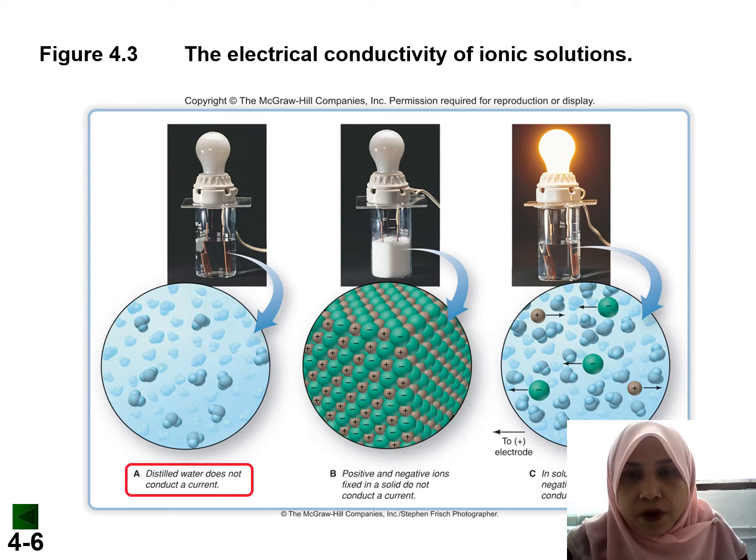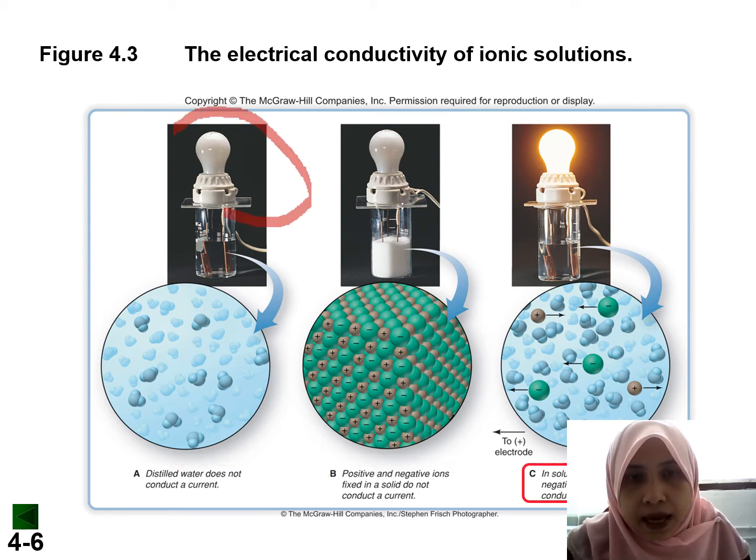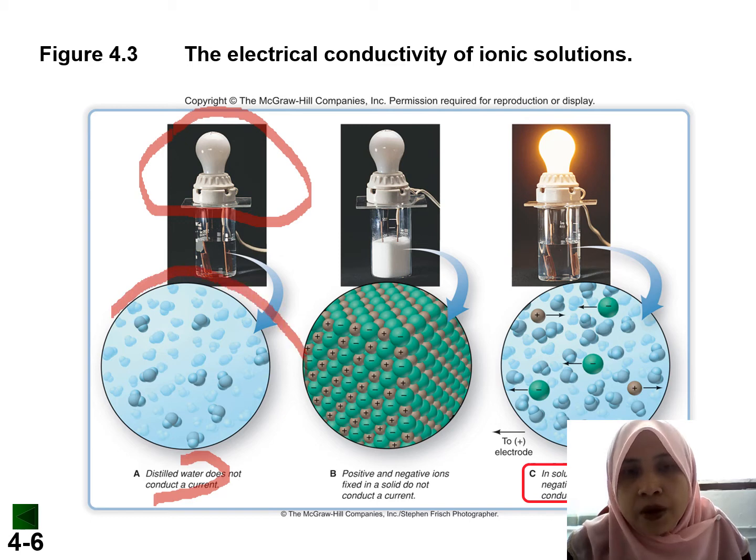As we can see from this figure, the bulb here doesn't produce light when the electrolyte is only distilled water. This is because distilled water doesn't conduct a current. There is no current in this medium, so that's why the bulb doesn't produce light.